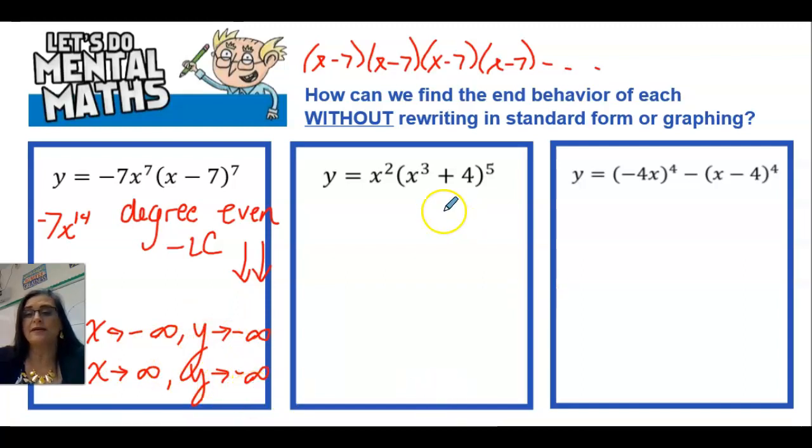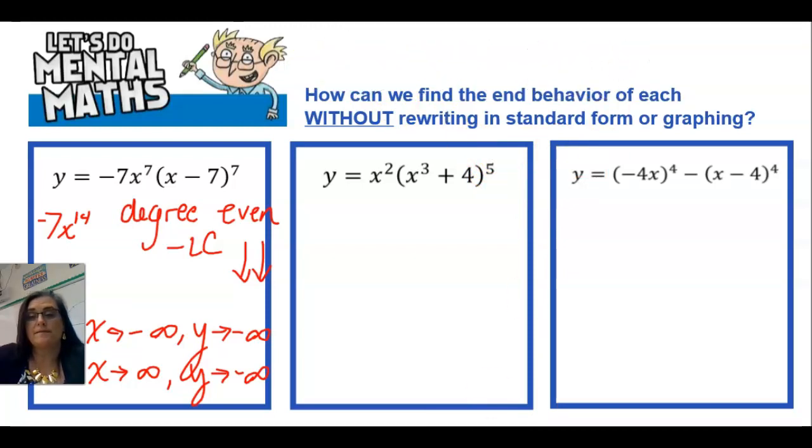Okay, now in my next example, y equals x squared times the quantity x to the 3rd plus 4, and that's raised to the 5th power. I have the same situation as before where I am multiplying a binomial times itself 5 times.